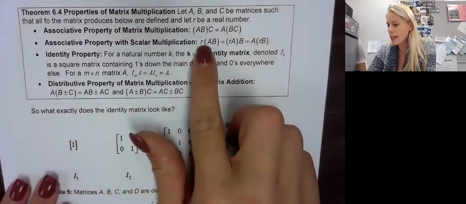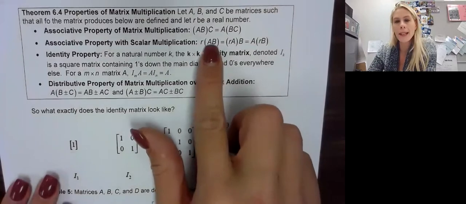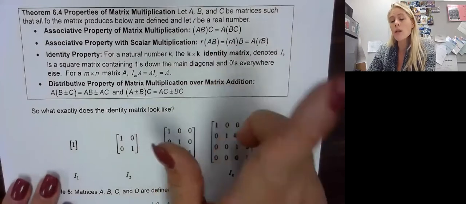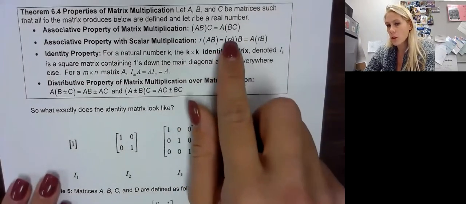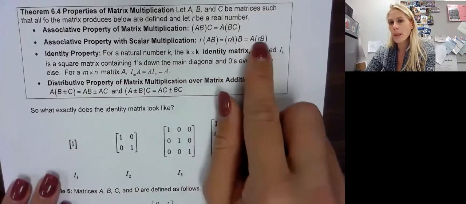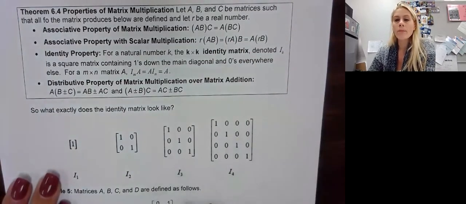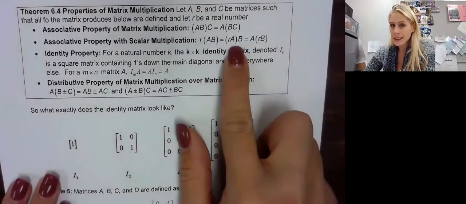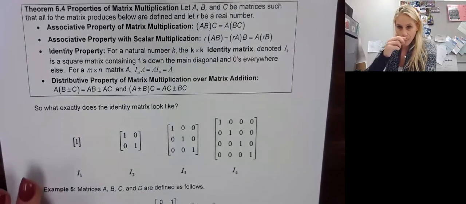Same thing here. We can either say A times B and then multiply it by our constant, our scalar out front, or we can do one of two things. We can take our scalar and multiply it by A, or multiply it by B, and then multiply the same matrix. Now again, order is still the same.